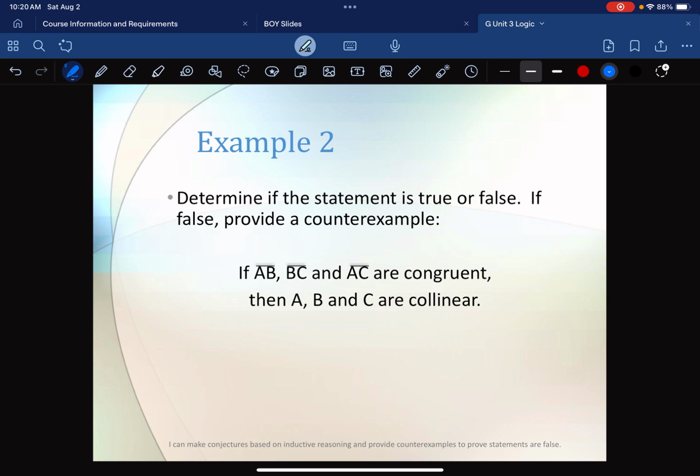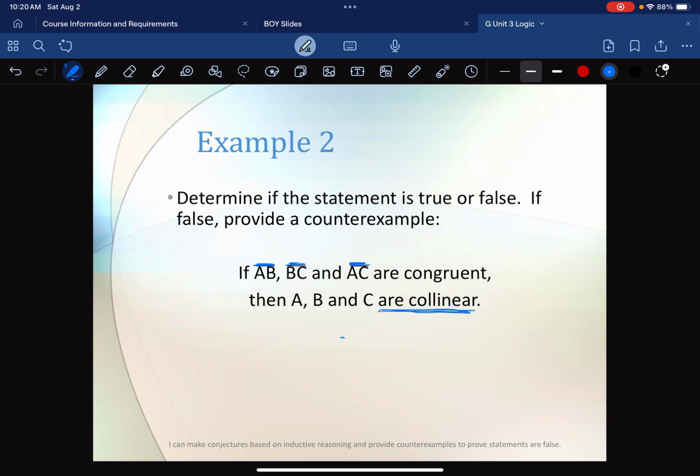So here's the next one. If segment AB, it's got a segment bar on the top. I don't know if you can see that. I'll draw a little darker. Segment BC and segment AC are congruent, meaning they're all the same length. If that's true, if they are all the same length, then they must be collinear. That's the conjecture. It's the only way I can have segment AB, BC, and AC be congruent is if they are collinear.